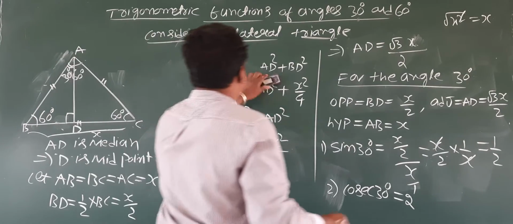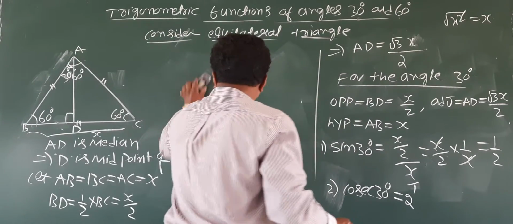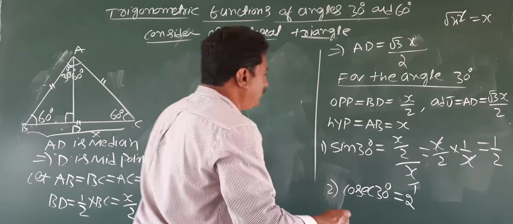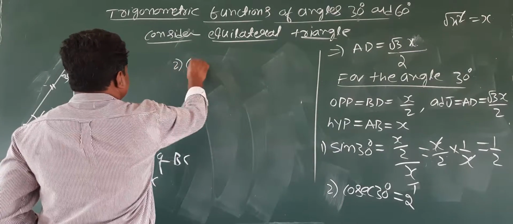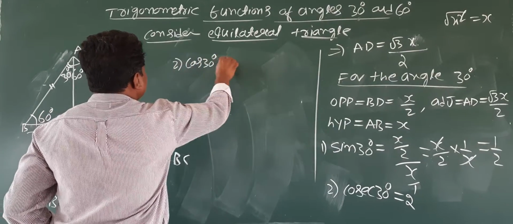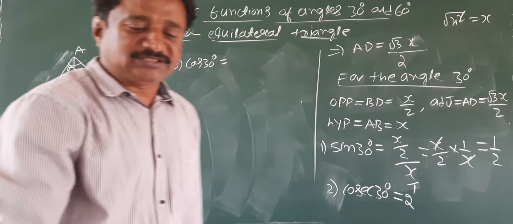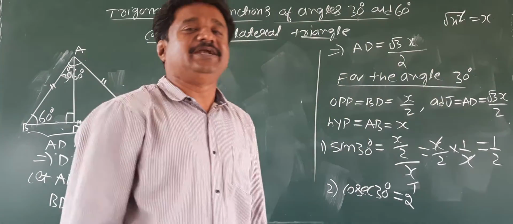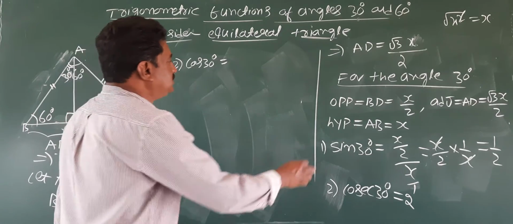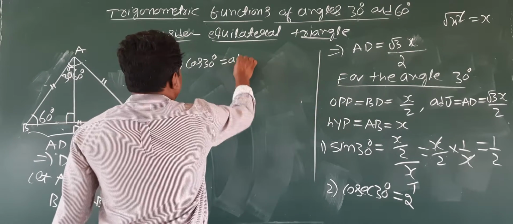Next, cos 30 degree. Cos theta means adjacent side by hypotenuse side.